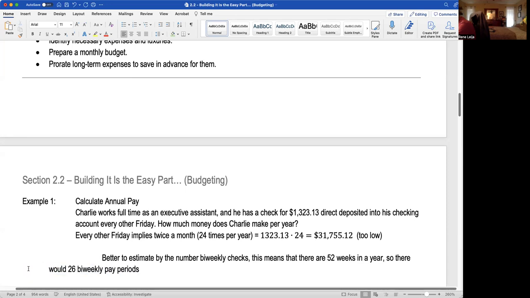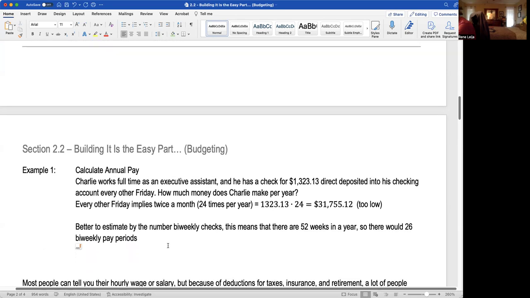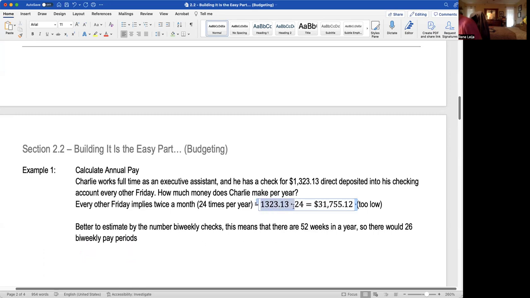Okay. Now, if that's the case, then what this means is that we would take this amount and change this to 26 times.